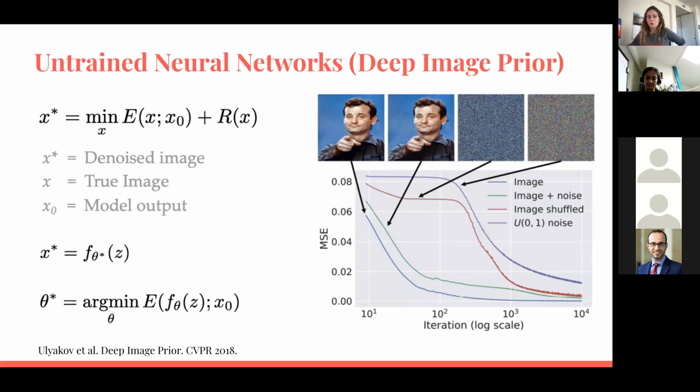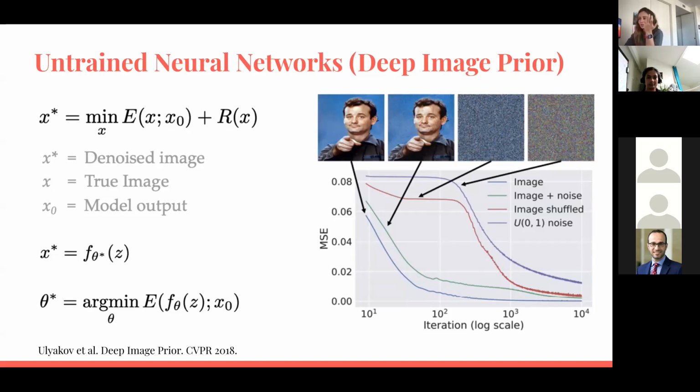So there was this paper that came out in 2018 called Deep Image Prior, which started this untrained neural network line of work that made a pretty key observation. They essentially showed that the structure of a convolutional generator, like a decoder or encoder-decoder architecture, is sufficient to capture a good deal of low-level image statistics prior to any learning, with no training data.